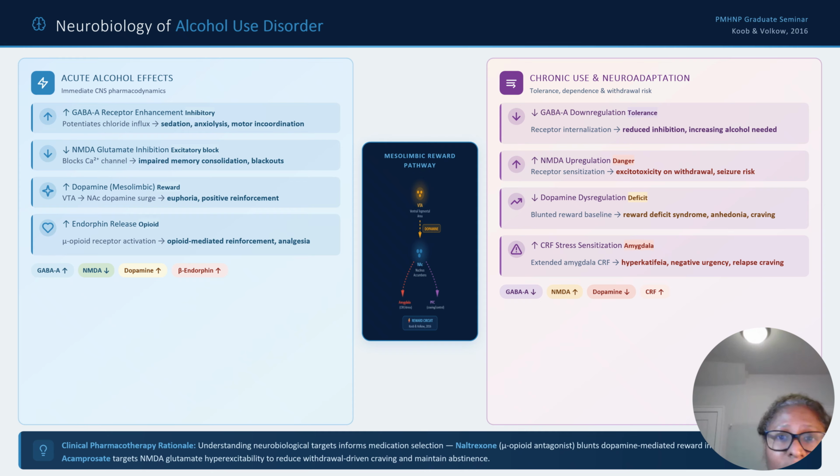As far as chronic use and neuroadaptation, you would see a decrease in GABA with the increase in tolerance. If a person isn't getting that extra drink or extra thing they need, they'll see that will go down. And these are the different deficits that you'll see with chronic use, how these factors will change.